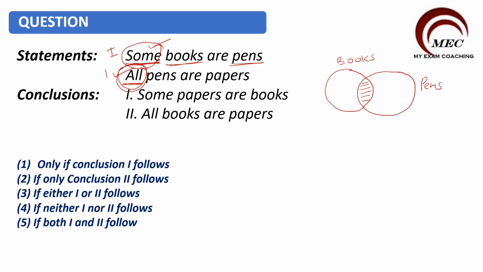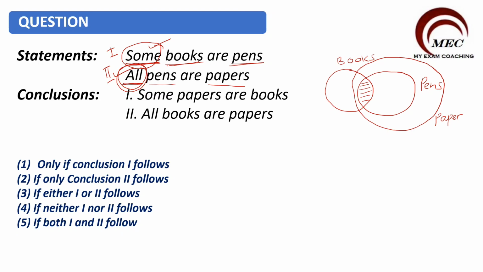What is the second statement? The second statement is all pens are papers. When we have the word all, all pens come under paper. All pens come under paper. So this will be paper.